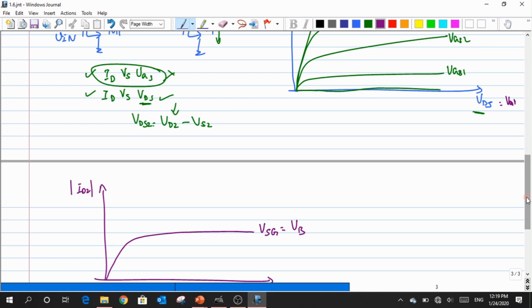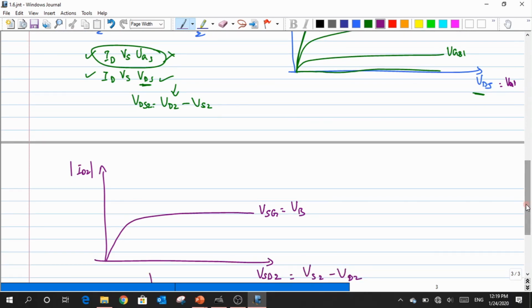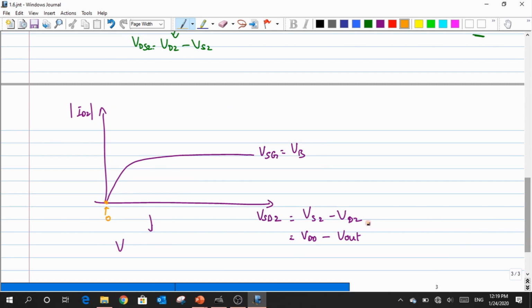So whatever point I have here has to be mapped onto this, right? Is it okay that I'm just switching between these two graphs with not enough room between them? Okay. So let us take this particular point where my VSD2 is basically equal to 0. Now I substitute that value in order to translate this entire quantity in terms of Vout.